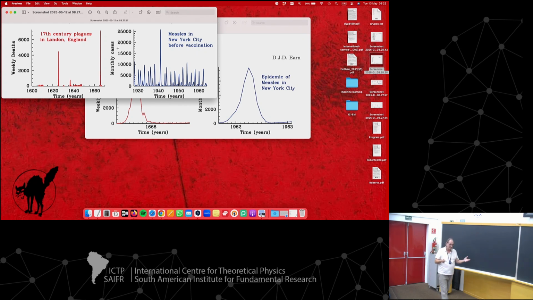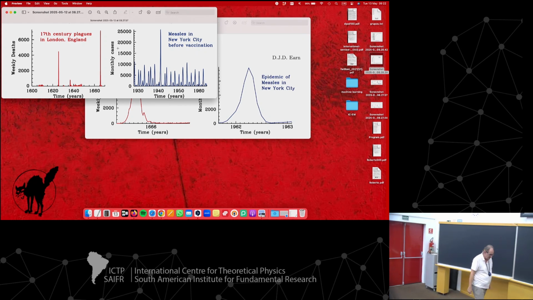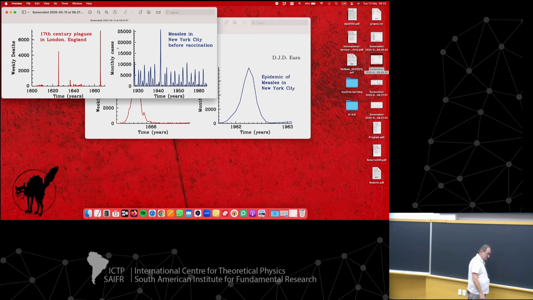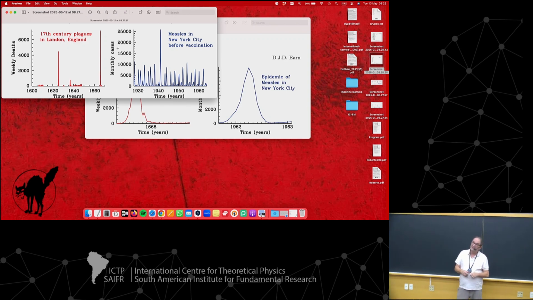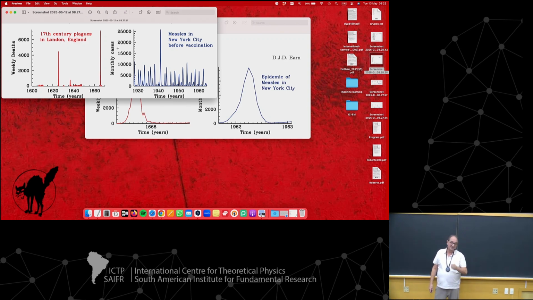You don't have people that have measles twice. And so that mechanism of waning immunity cannot explain this kind of thing. Although it has oscillations, the biological mechanism behind the oscillation that Renato told you about yesterday is not the one that can explain the measles data.